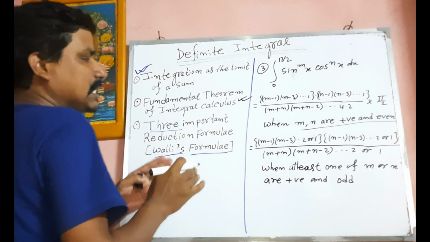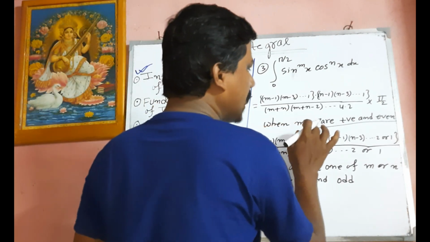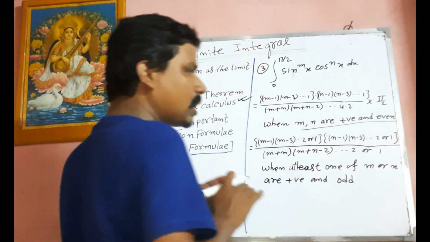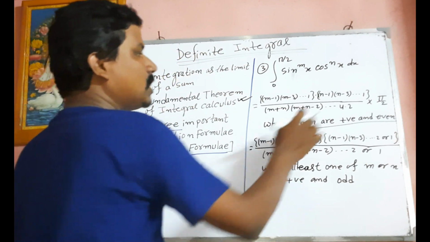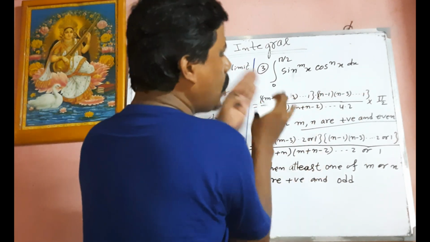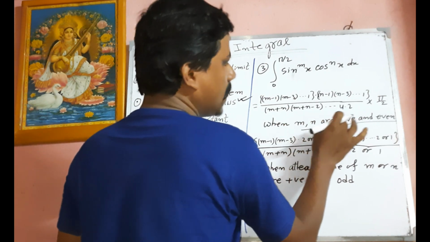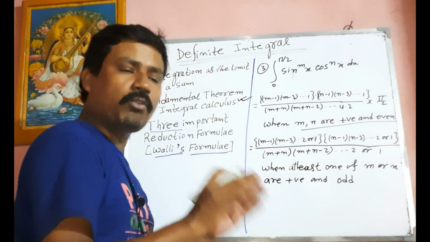So this is the condition: if m and n are not positive and even, then this does not hold. This holds only when m and n are positive and even.